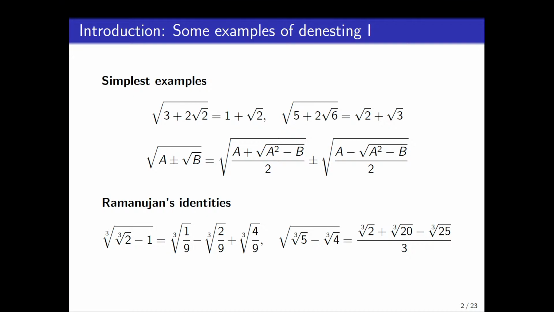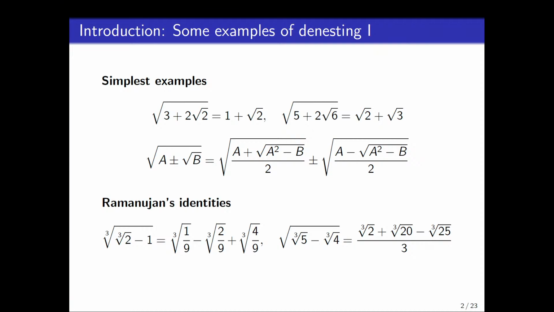And here are some classical examples of expressions where you are able to decrease the nesting depth. For instance, the first two expressions are quite easy to understand, and they can be obtained by the formula given under the examples.